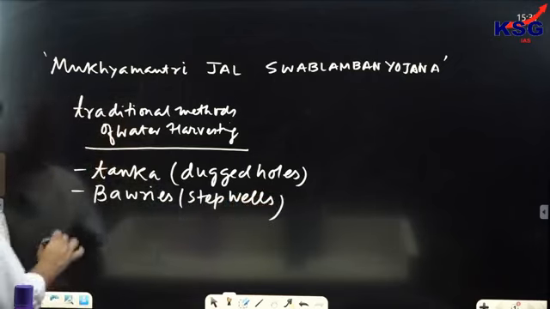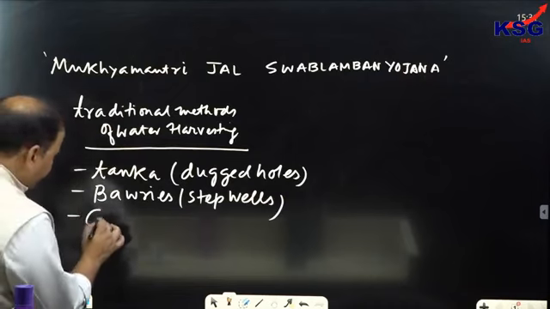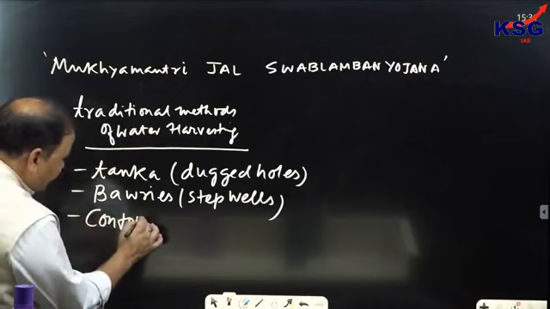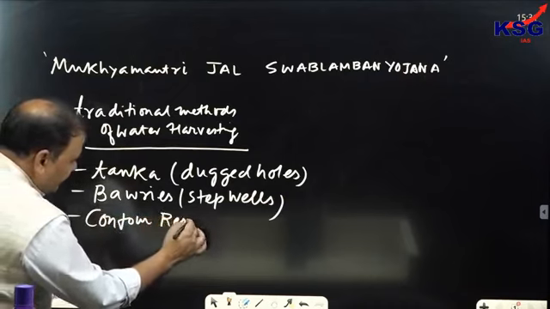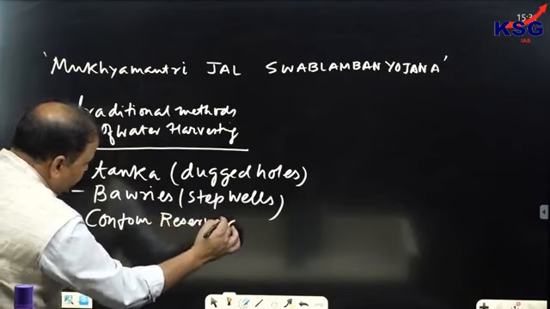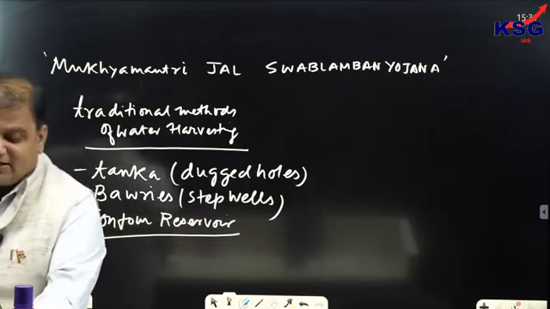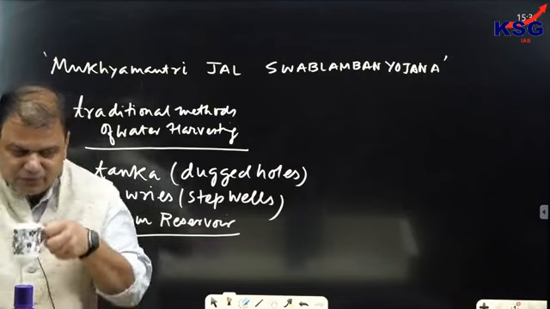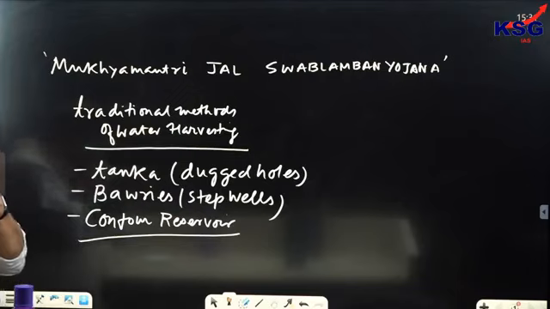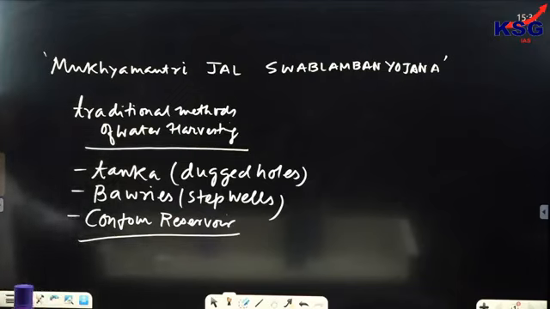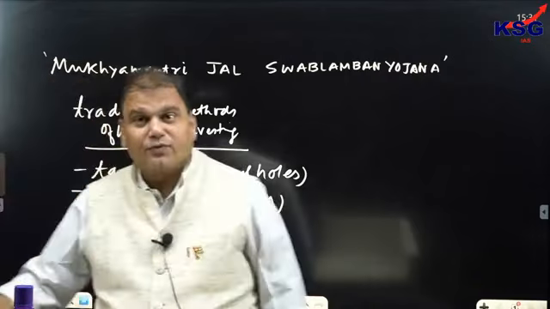Contour reservoir means that if the same elevation or the same depth is utilized for storing water, that is called a contour reservoir. So tankas, bawries, contour reservoirs were used. Fine.